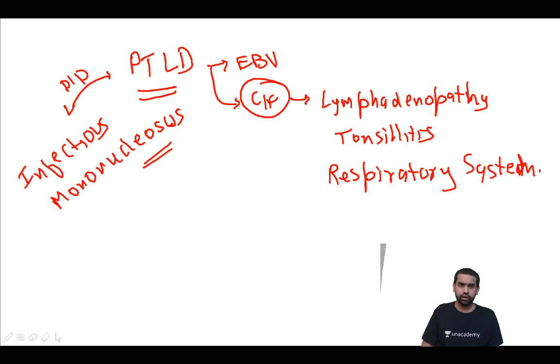But if there is a history of immunosuppressive drugs given and there is lymphadenopathy, tonsillitis, respiratory system involvement, most probably it is a PTLD, okay? So if you get a clinical scenario in which the patient has had a transplantation, is on immunosuppressive drugs, and now presents with generalized lymphadenopathy, what is the virus which is responsible for this? It is not cytomegalovirus, it is an Epstein-Barr virus, okay?